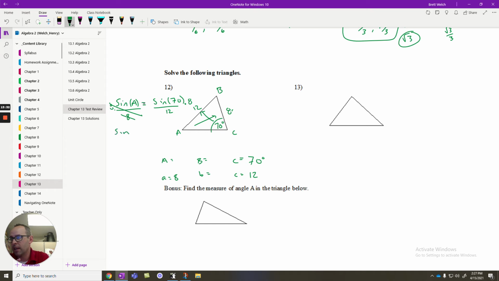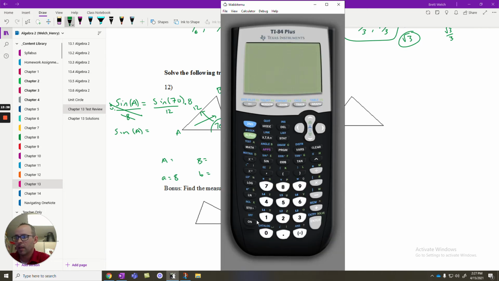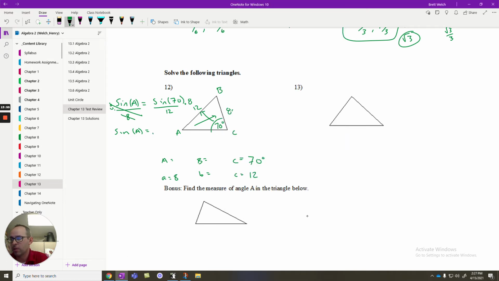Gives me the sine of A equals, and this can all go into my calculator, so let's get that calculator up. And we can type in, and again, make sure we're in degree mode, which I just checked a minute ago, sine of 70 divided by 12, and I want to multiply by 8. I get 0.626, roughly speaking. All right.